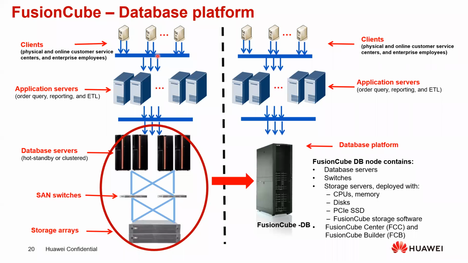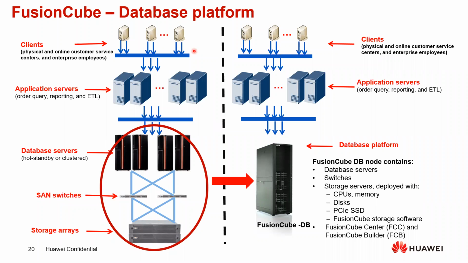Okay, the third category is the FusionCube database platform. We discussed the first platform was for edge computing requirements, where we have the FusionCube 500 and FusionCube 1000. The second one is the FusionCube HCI, which is FusionCube 2000, 6000, and 9000.